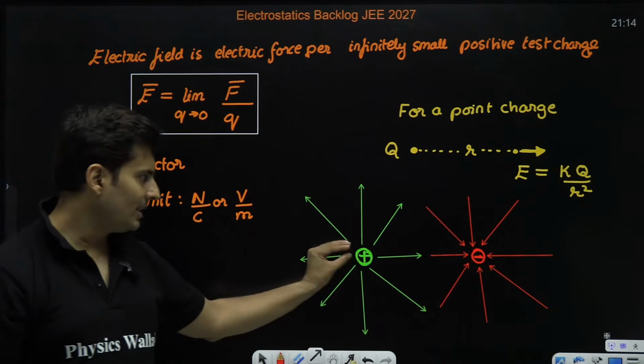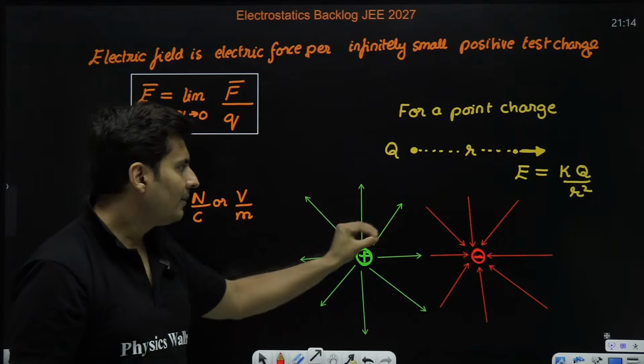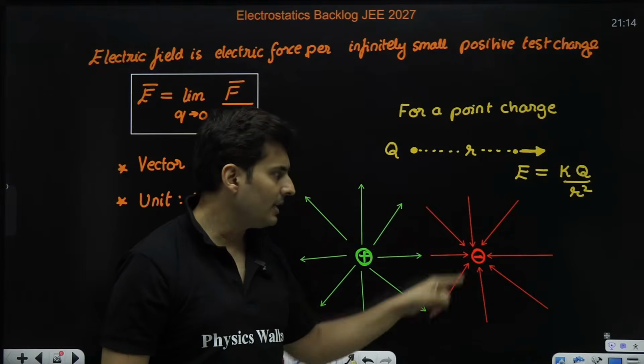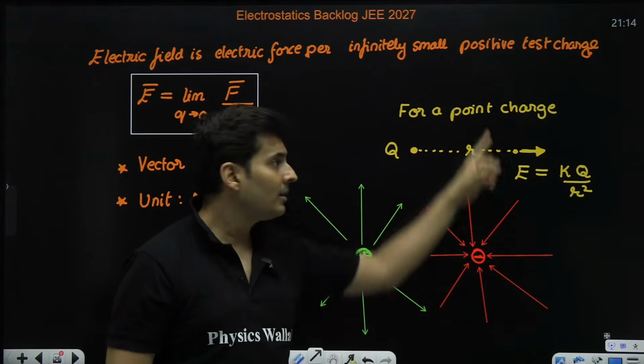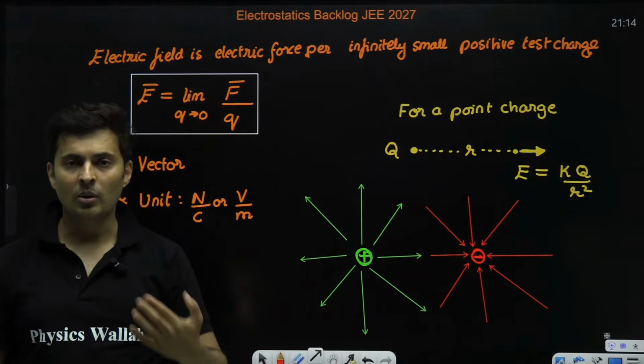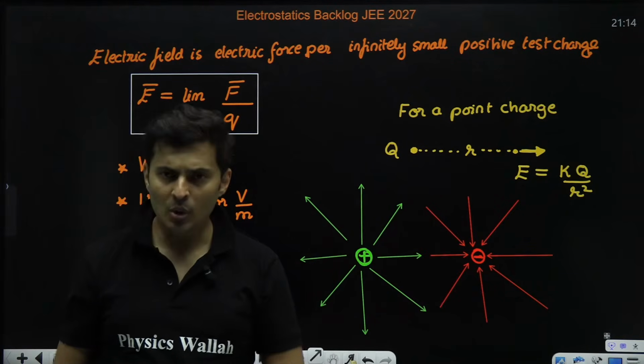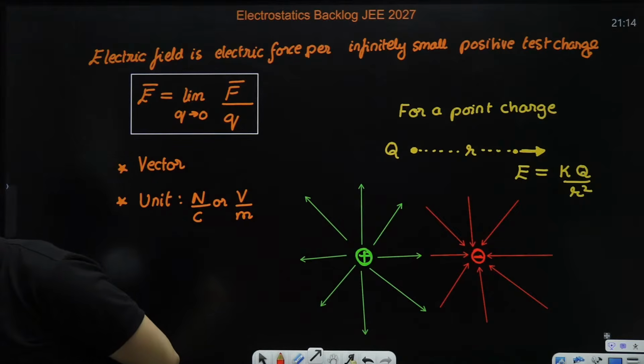So for a positive charge, the electric field is radially out. For a negative charge, the electric field is radially in, because of the definition of the electric field. Cool? Till this point, absolutely fine, everyone? Amazing.